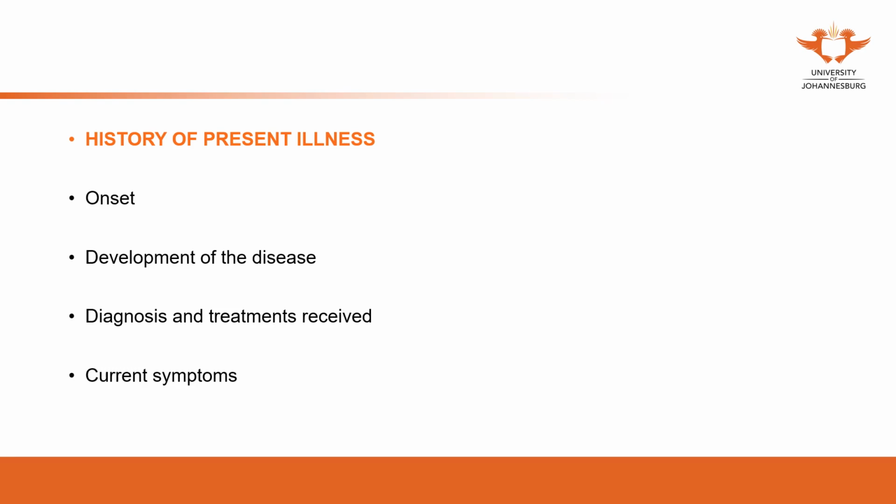The second, the history of present illness. For the history of present illness, we need to ask the onset: when did it happen? How did it happen?